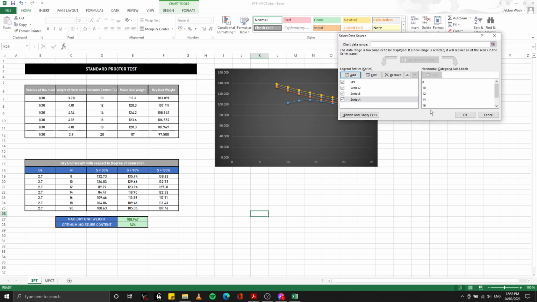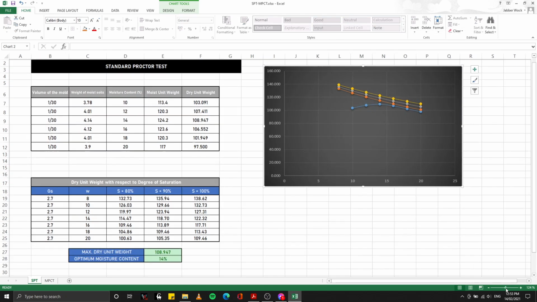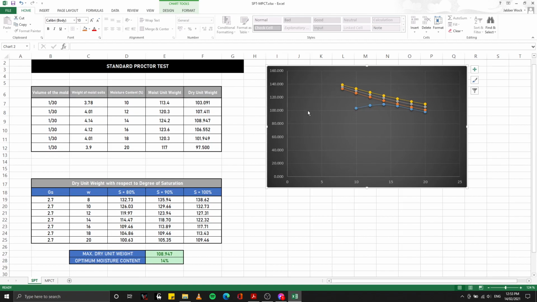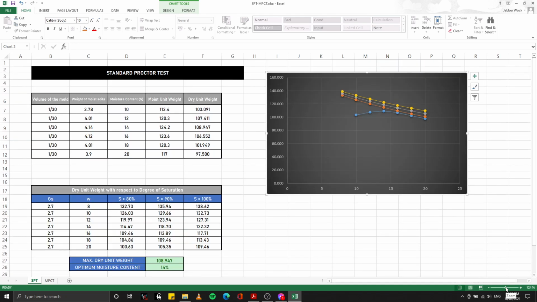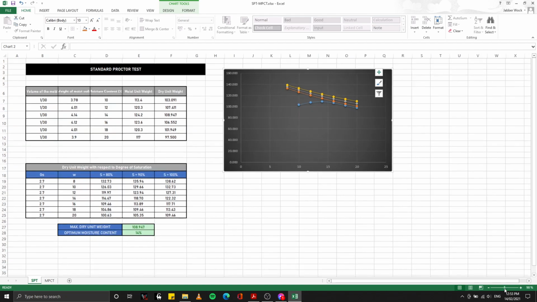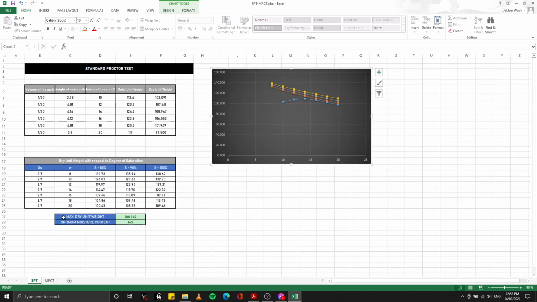So, as you can see, sa ating chart, makikita ninyo, yung ating curve or ang linear representation natin for our dry unit weight is tumataas ng tumataas habang tumataas rin yung ating degree of saturation. Okay? So, ganyan lang kadali ang standard Proctor test and to calculate for the max dry unit weight and the optimum moisture content.